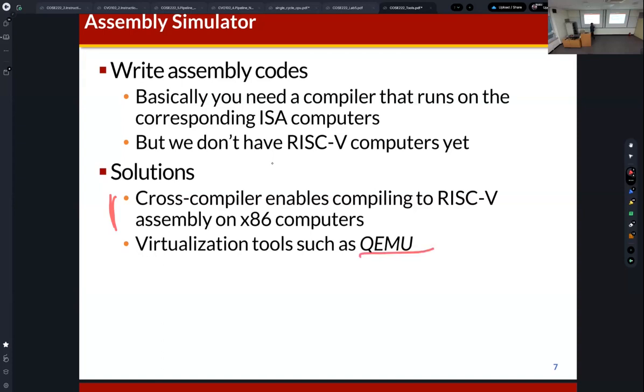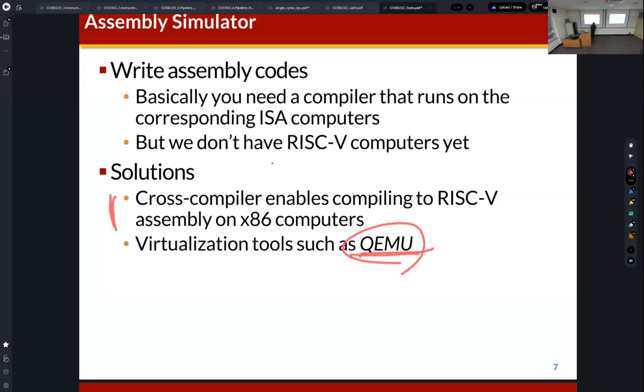QEMU is a virtualization tool like VirtualBox or VMware, but a little bit different, because QEMU can execute different ISA platforms.